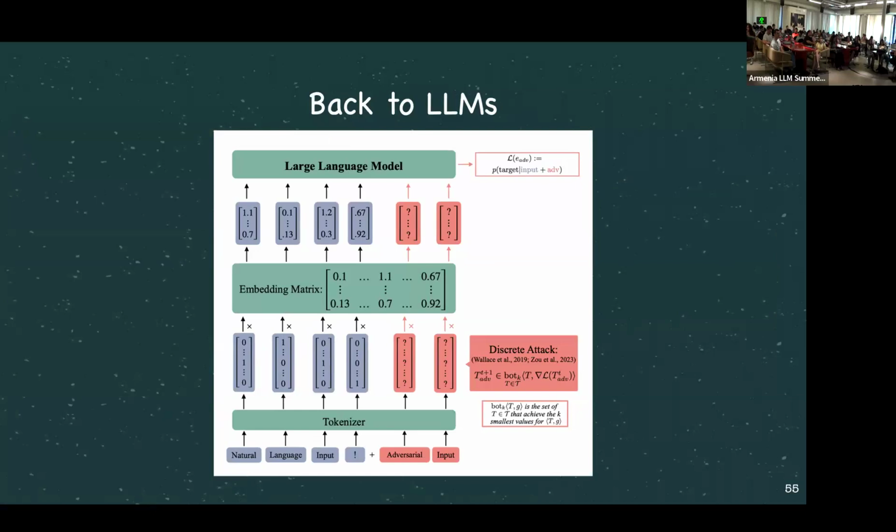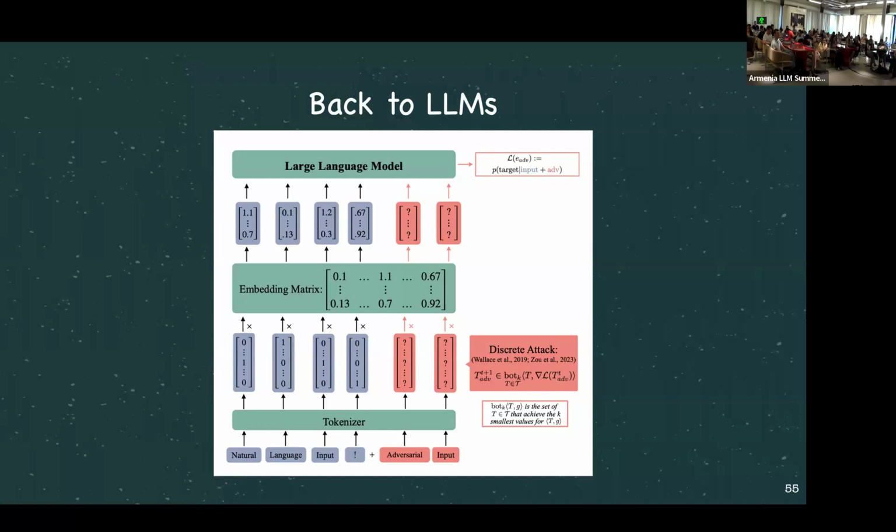So this is the way that we would apply this to vision. Now, how do we do it in the context of text? In the context of text, you have your natural language input here. You have your potential adversarial input there that's tokenized, and each token has a specific value in the one hot.